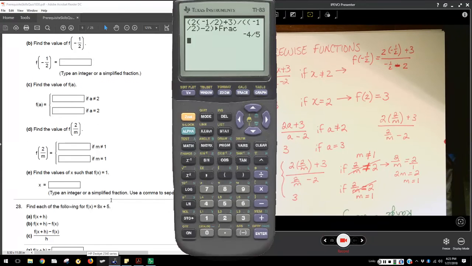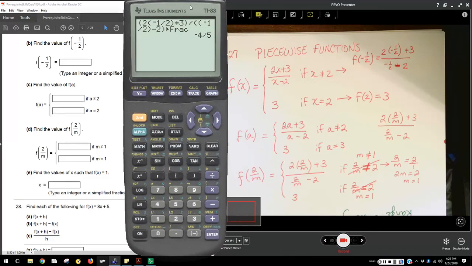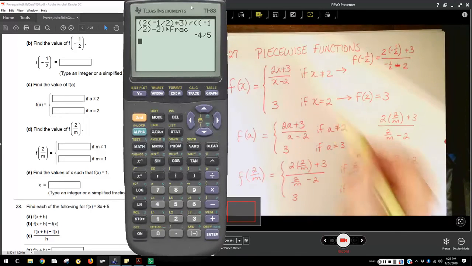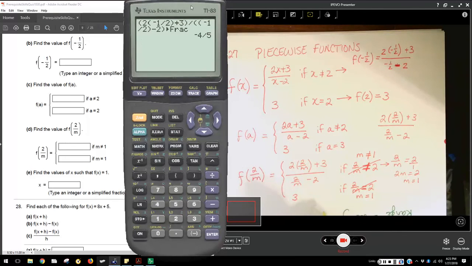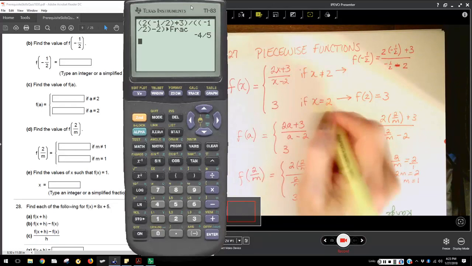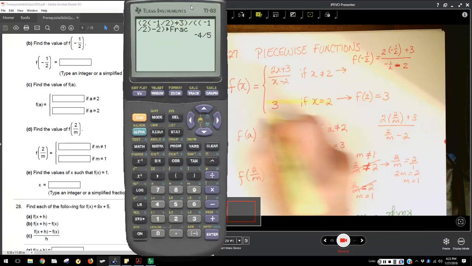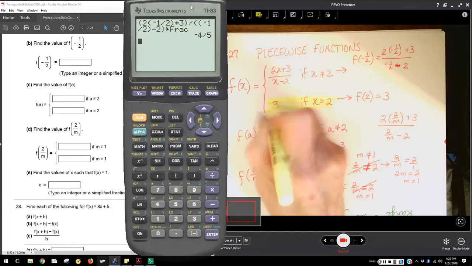And then find the values of x such that the value of the function is 1. Well, the first part I'm going to tell you is probably pretty clear to you. If f of x is equal to 1, well, f of x isn't ever going to be equal to 1 if x is equal to 2.